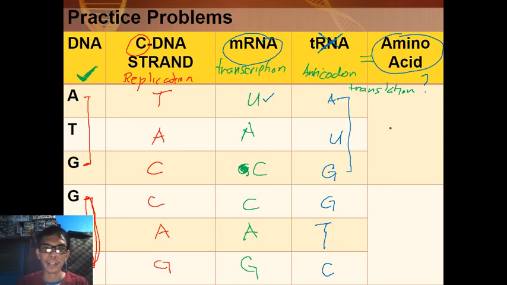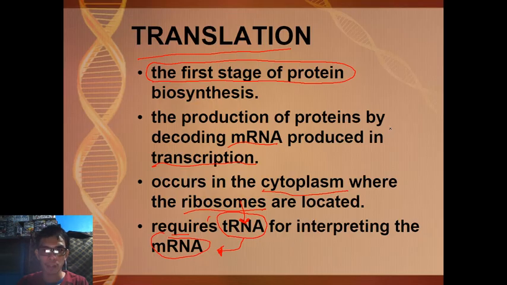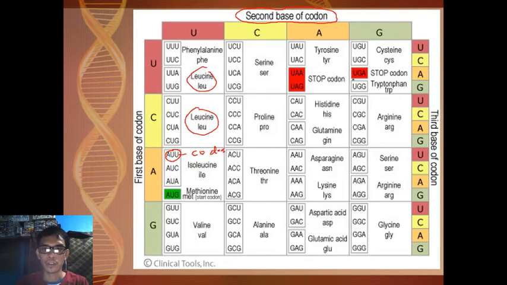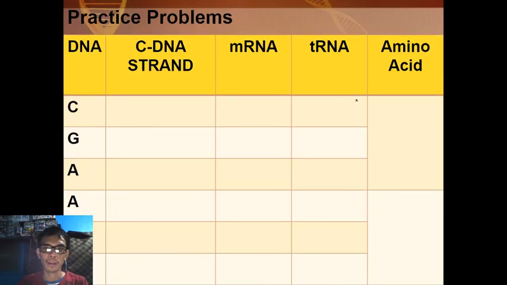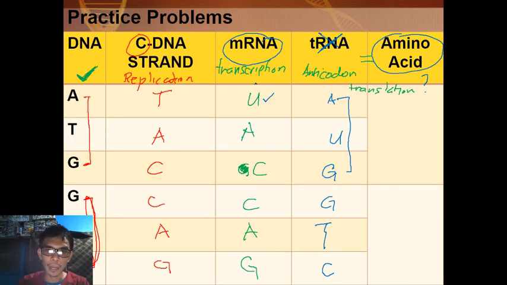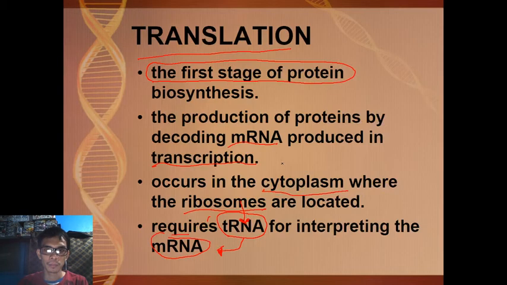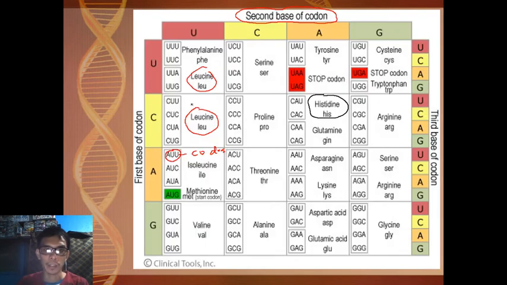So let's go back and take a look at the codon chart. There you go. This is the codon chart. So this is where we will look for our amino acid. So let's go back to our problem. Let's take a look at the mRNA. In the mRNA, we have UAC. So the first letter is U. The second letter is A. There you go.